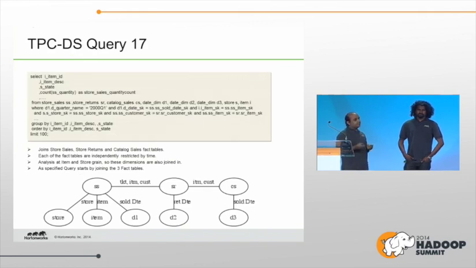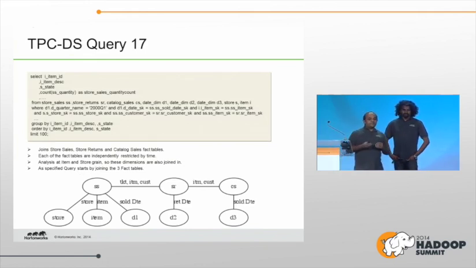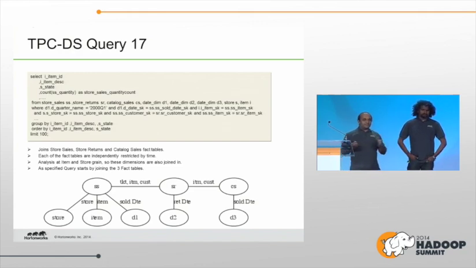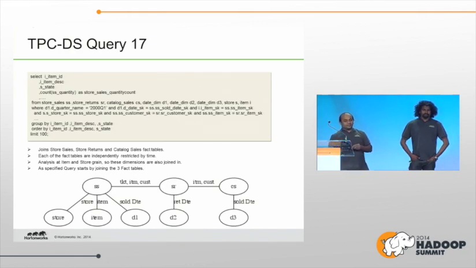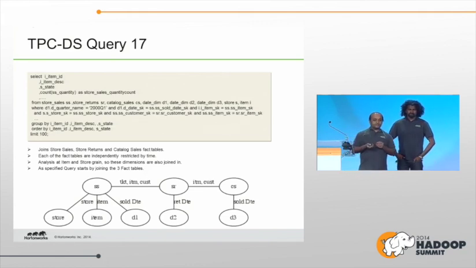This query demonstrates how we are using the cost-based optimizer for join ordering. Here is a query. We have 3 fact tables being joined together with a bunch of dimension tables. You can see that there are 3 dimension tables being joined to table SS, and then 1 each for the 2 other fact tables.